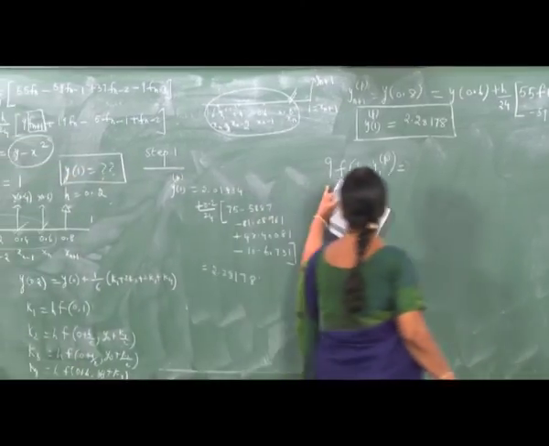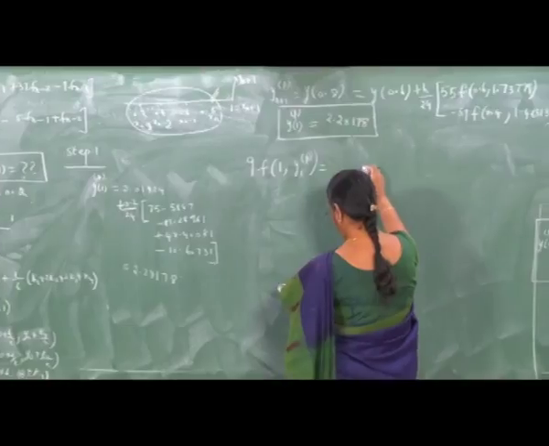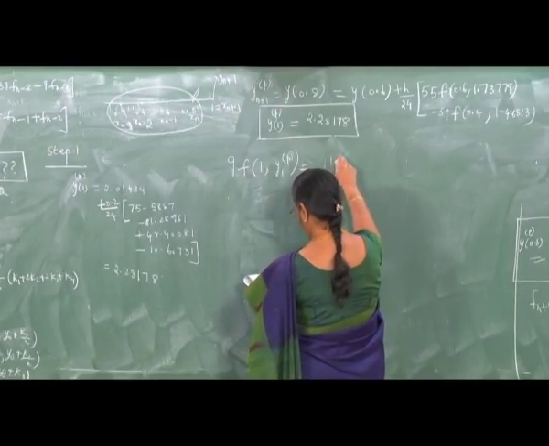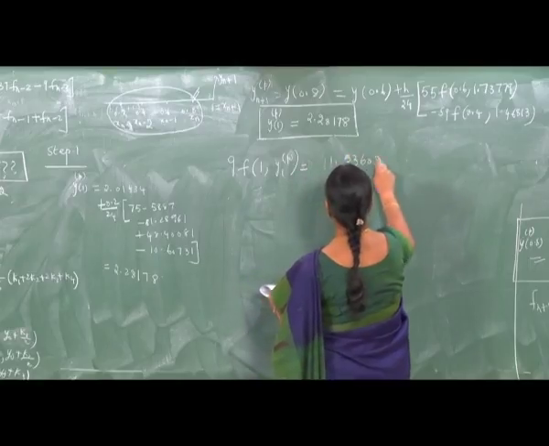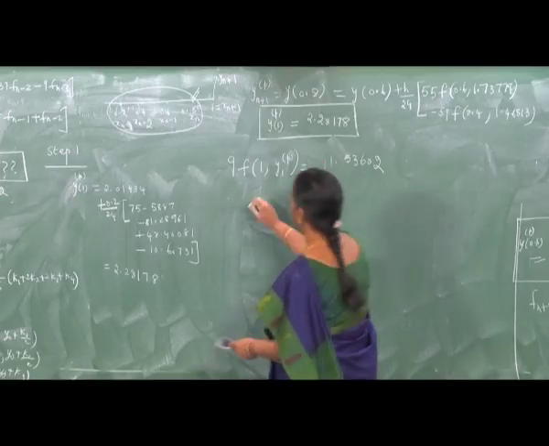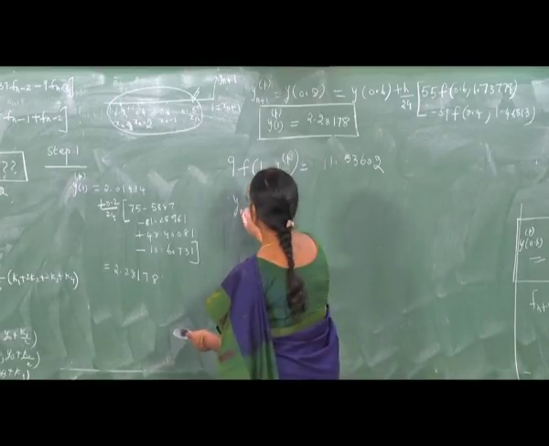So, I take 9 times this and the value turns out to be 11.53602. Once I have the Fn plus 1 value, I use the corrector.